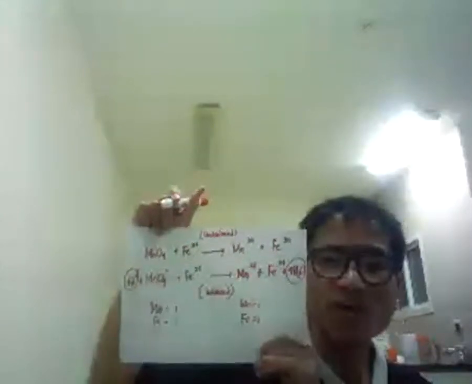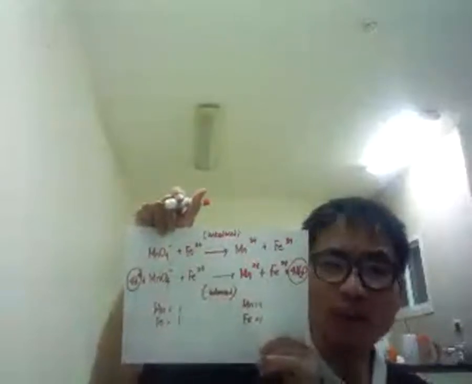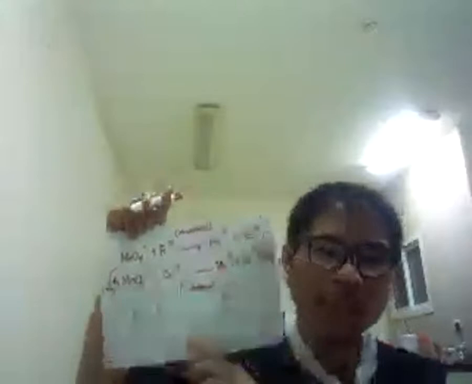So it's 1, 1. The oxygen has 4, but that is not for the manganese. It is for oxygen. And then we need to check the hydrogen. Hydrogen 4 on the left side, and hydrogen on the other side.